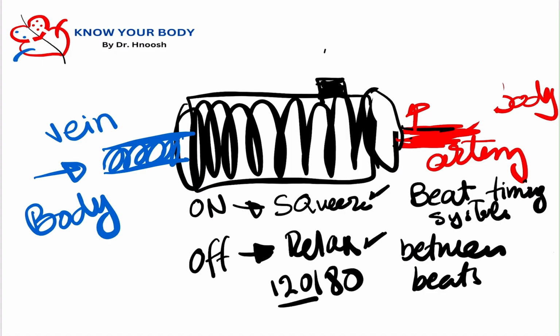The top number is the blood pressure in the artery during the on or the squeeze status of the heart, while the bottom number is the pressure also inside the artery but during the relaxed status of the heart, okay, or between beats.